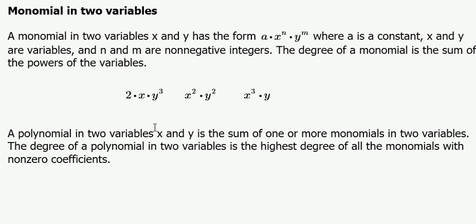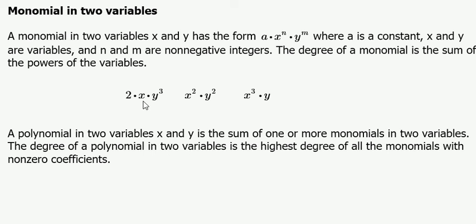For example, 2 times x times y cubed, and so on, are monomials in two variables. A polynomial in two variables x and y is the sum of one or more monomials in two variables. The degree of a polynomial in two variables is the highest degree of all the monomials with non-zero coefficients.